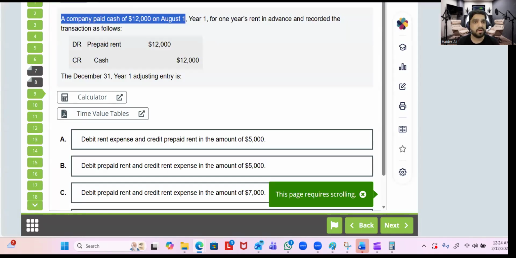On December 31st, what will be your adjusting entry? According to the concept, prepaid rent should be reduced. How many months have we used the rent? August, September, October, November, and December. So we have used this 12,000 prepaid up to 5 months. So we need to reduce the prepaid and increase the expense category.